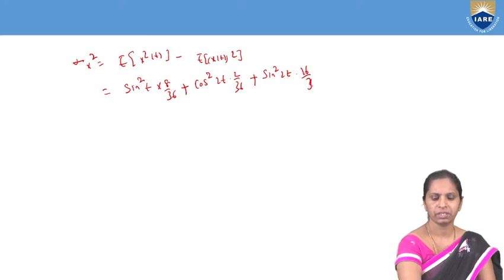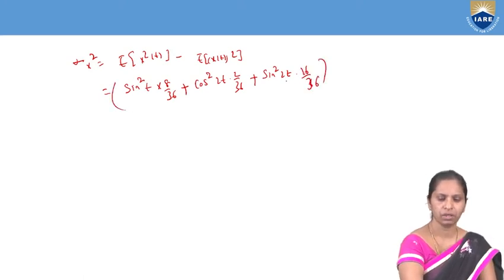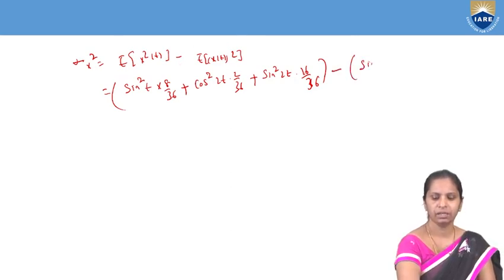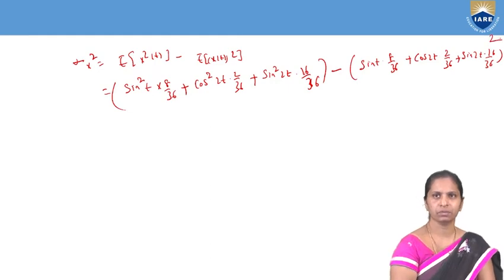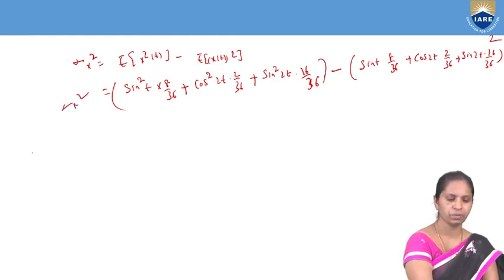So this is nothing but E of x square of t minus the mean of the random process that I have calculated, which is sin t into 8 by 36 plus cos 2t into 2 by 36 plus sin 2t into 16 by 36, and then whole square. So this is the variance of the random process.